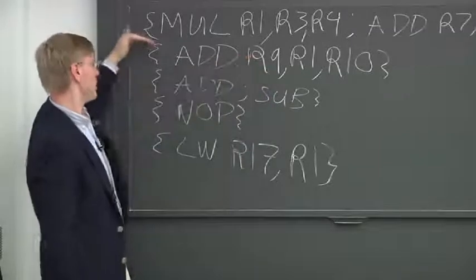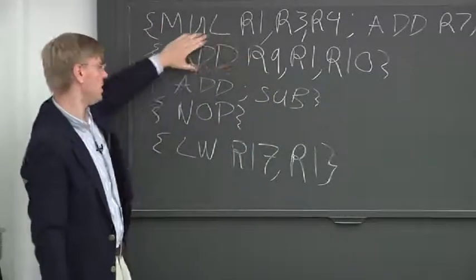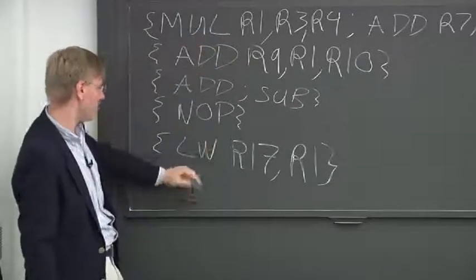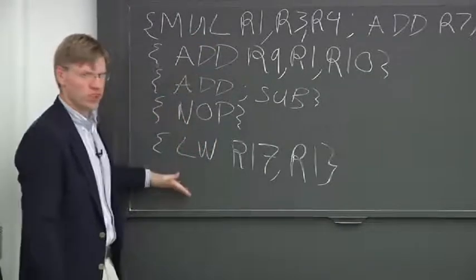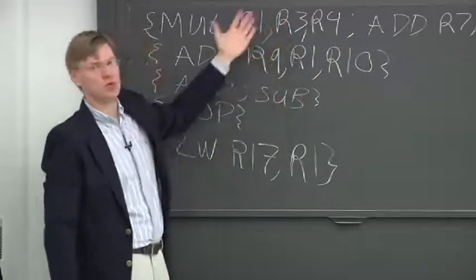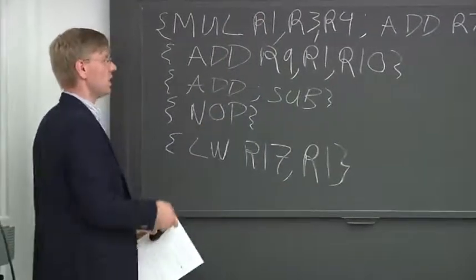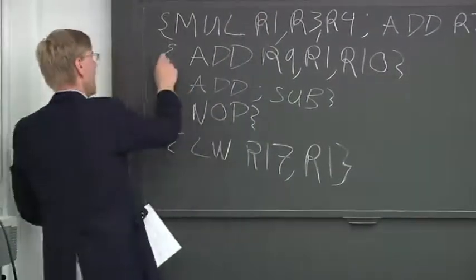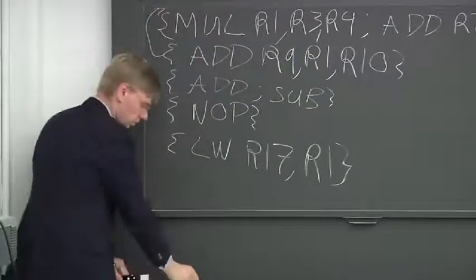Because if you were to, for instance, take an interrupt, and this add were to get moved later than this load, or more than 3 cycles later, you would actually pick up the new value, and you'd basically change the semantics of your program. So in an LEQ model, this add would have to be above the multiply, and you'd have to replace this with a no-op.